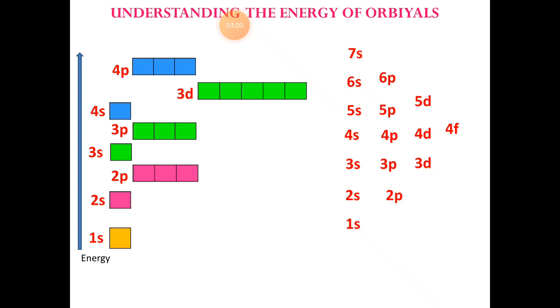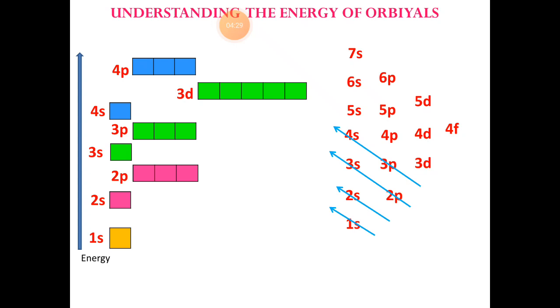After that 7s. These are arranged according to the increasing order of their energy. When electrons enter these orbitals, according to the direction of the arrow, they first enter the 1s orbital, then 2s, 2p and then 3s, 3p, then 4s.